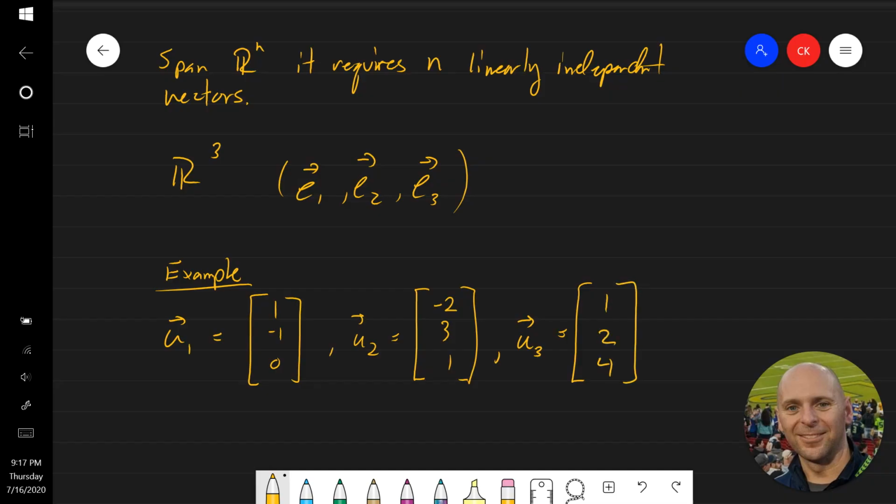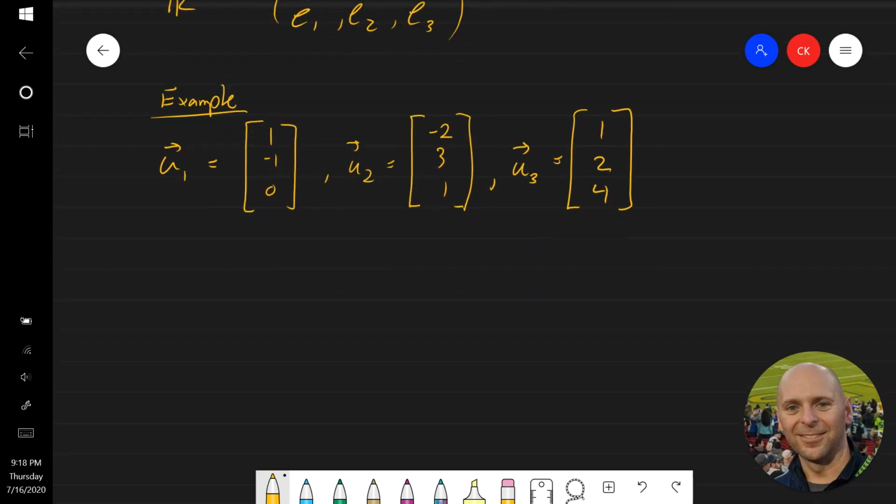So to answer whether or not this particular set of vectors spans all of R3 and in fact will then serve as a basis for R3, we need to check two things: that the set of vectors is linearly independent, and that any vector in R3 can be written as a linear combination of these vectors.